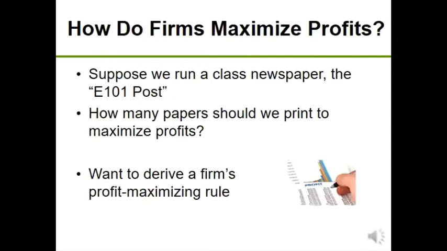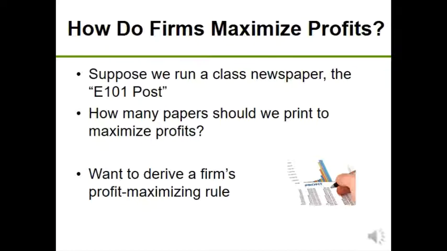So for the next couple lectures in this chapter, we're going to consider our own business, our class newspaper, the Econ 101 Post, and we're going to consider this business to ask how firms are actually maximizing profits. And again, we mean economic profit, not accounting profit. We mean profit that takes opportunity cost into account.